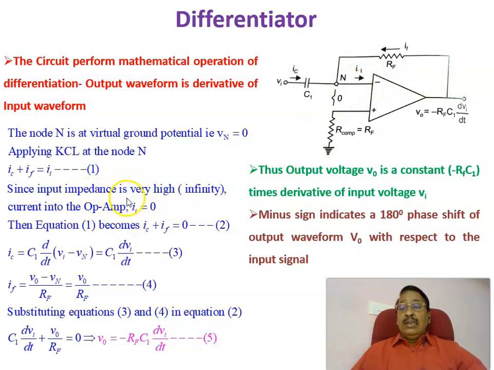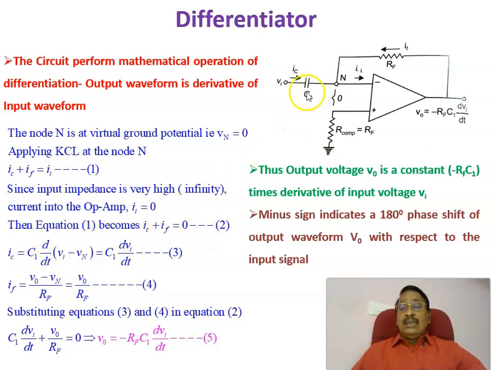Thus, equation 1 becomes IC plus IF equal to 0.